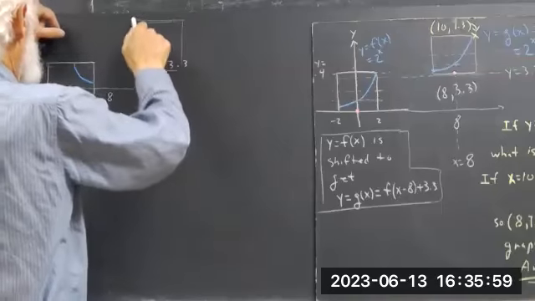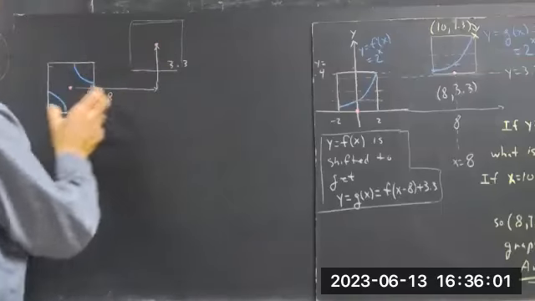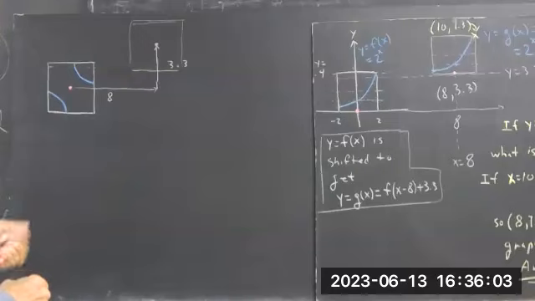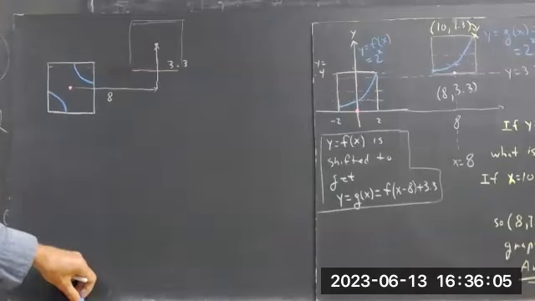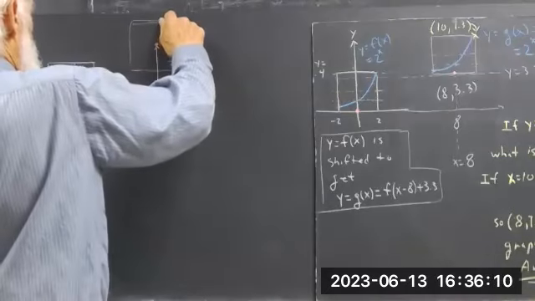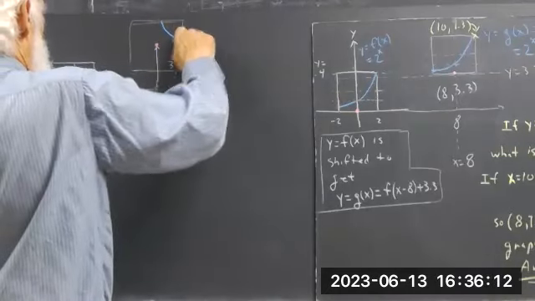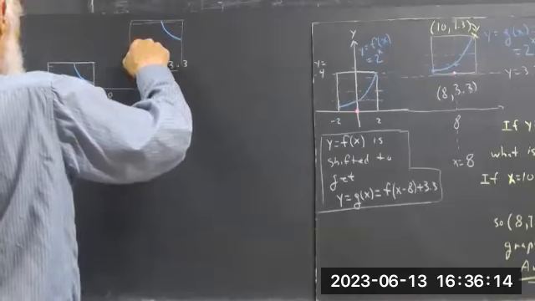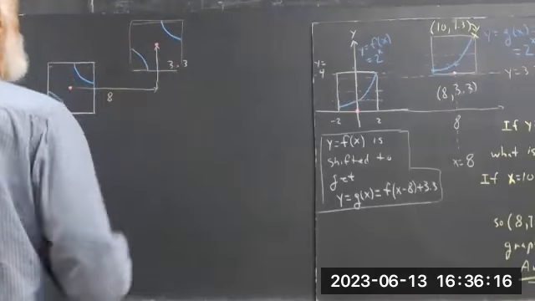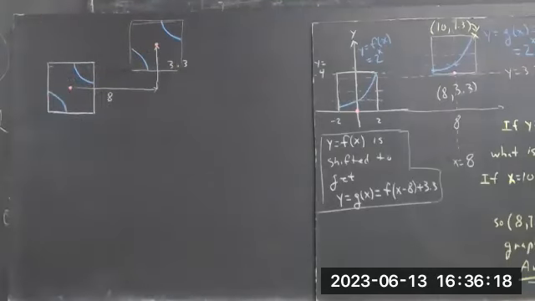Okay, I'm not doing a great job. There it is. I think the square is a little too big, but that's okay for the purposes of what we're doing right now. So we shift this over and now we have something that looks like this.